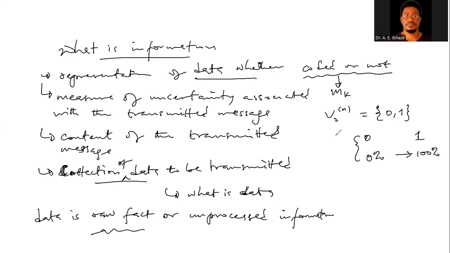So how do we validate this? Information is the measure of uncertainty associated with this message. So for each message symbol, there is a probability of occurrence associated with it.